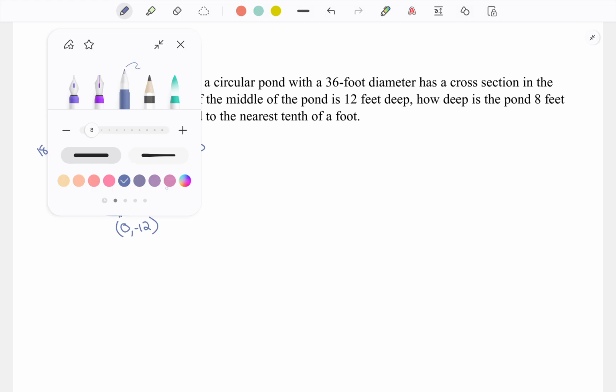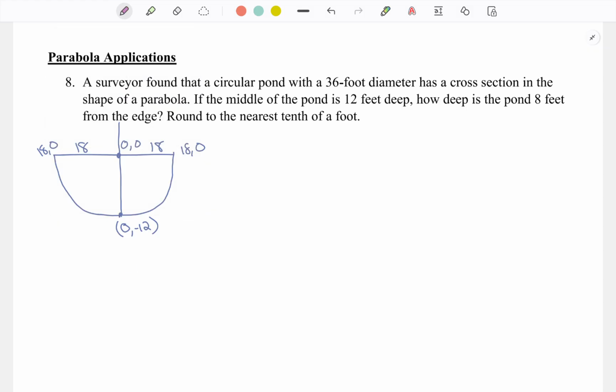So we have so far x squared equals 4p times y plus 12, because we know that our vertex is 0, 12. And so we're going to plug in 18 and 0. So we have 18 squared equals 4p times 0 plus 12.